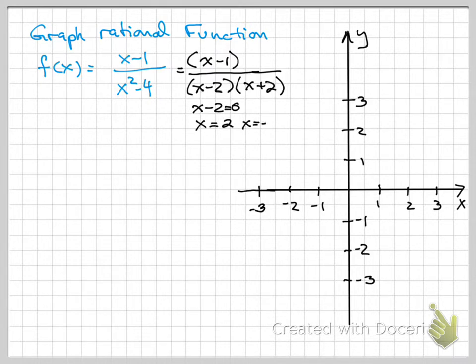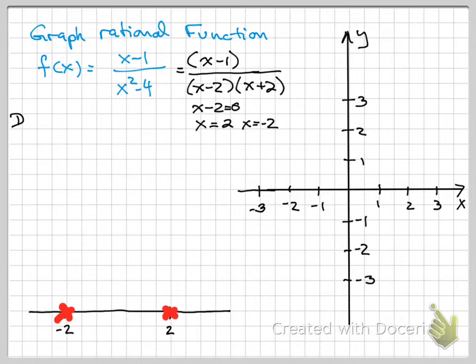x equals negative 2. So these are my restricted values, and to write out the domain, we just make a number line down here. We have negative 2 over here, and let's say 2 is over here. So negative 2 and 2 are both not good numbers, because that would make the denominator equal to 0, and that makes it undefined.